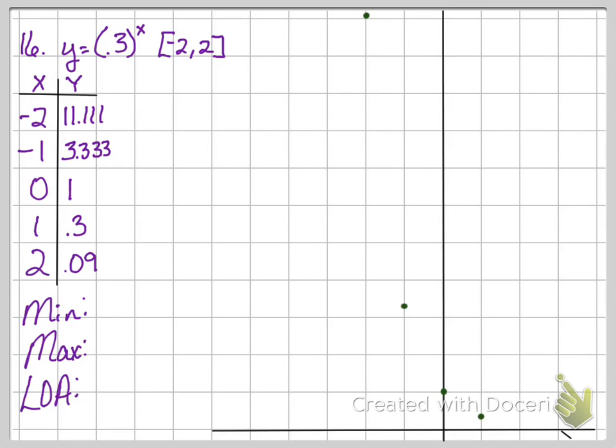There we go. And then at 2, we have almost 1/10, so we're just barely above the line, right about there. Okay, and draw us in our curve. There we go, and it flattens out going towards 0.